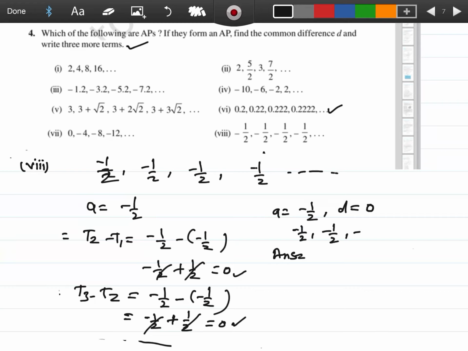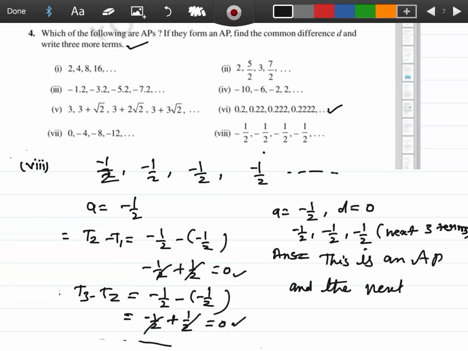These -1/2, -1/2, -1/2 will be the next three terms, ये आपकी AP की नेक्स्ट 3 टर्म्स होंगी. और इस तरह से आपका सीरीज इज इन AP. आंसर होगा, this is an AP and the next three terms are -1/2, -1/2 and -1/2. These will be the next three terms of the AP.